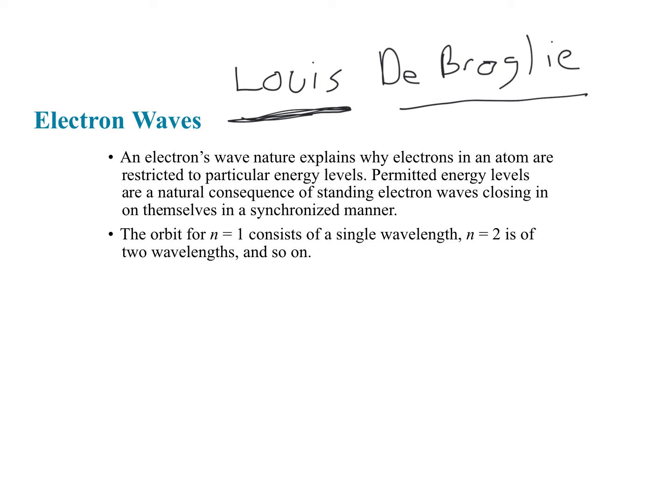What Dr. de Broglie posited was that electrons and physical matter can behave the same way. In other words, we tend to think of electrons as particles, but he suggested that you could also think of an electron as a wave. And it turns out he was right.